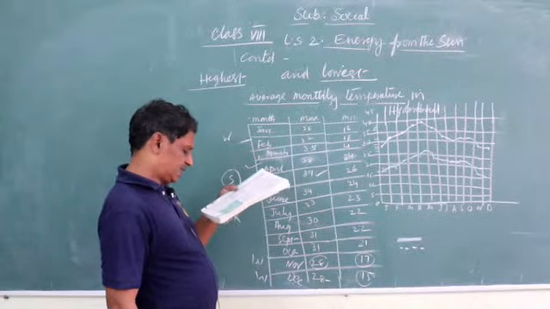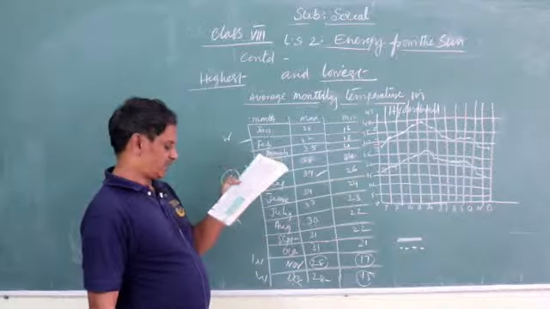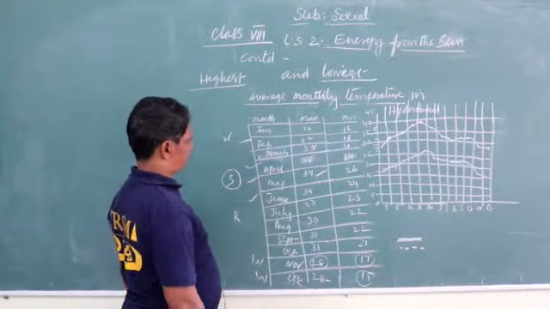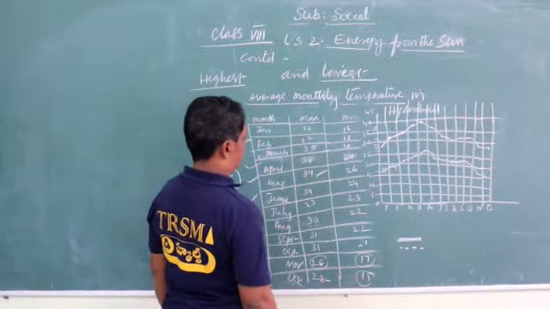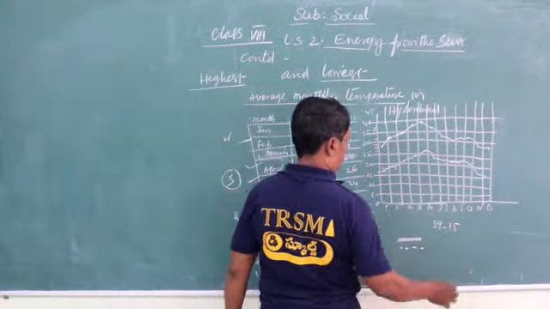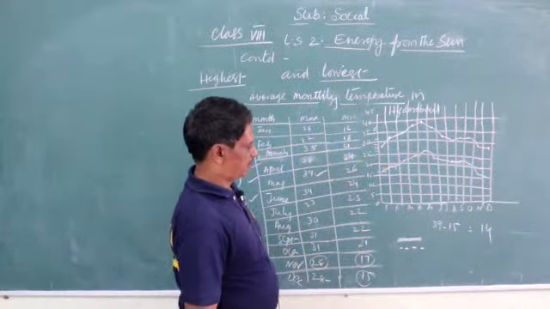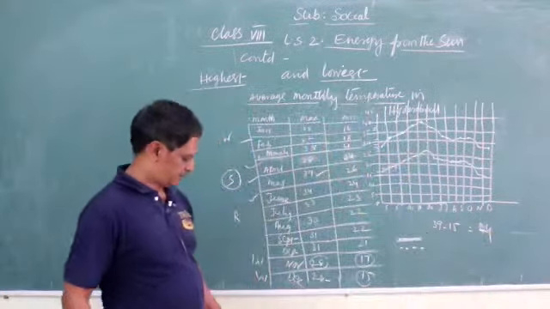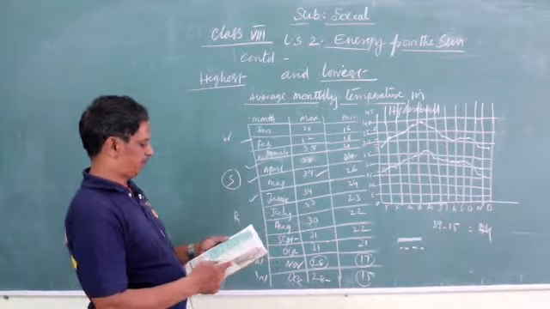And what is the difference between the highest maximum temperature and the lowest temperature in the year? Maximum is 39. Minimum, December. What is the difference? 39 minus 15. How much? Not 40, 24. Right? So likewise, we are recording the temperature.